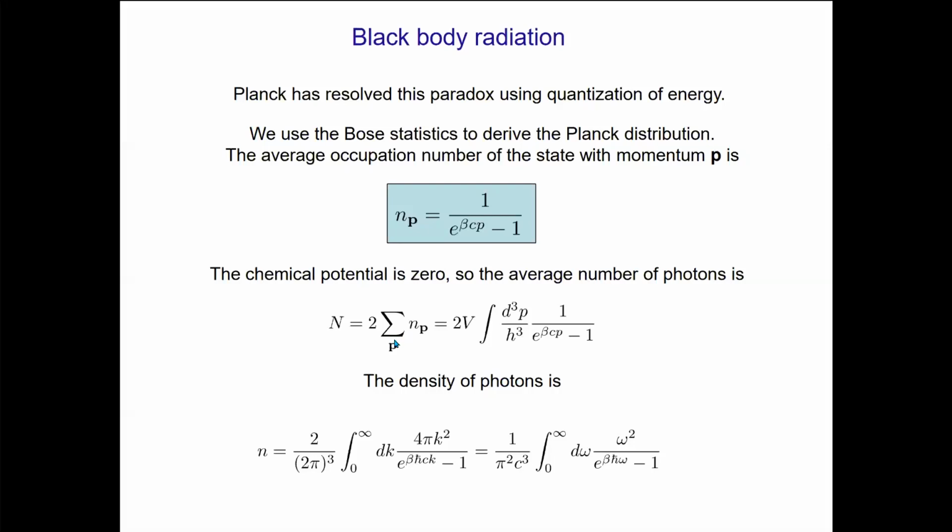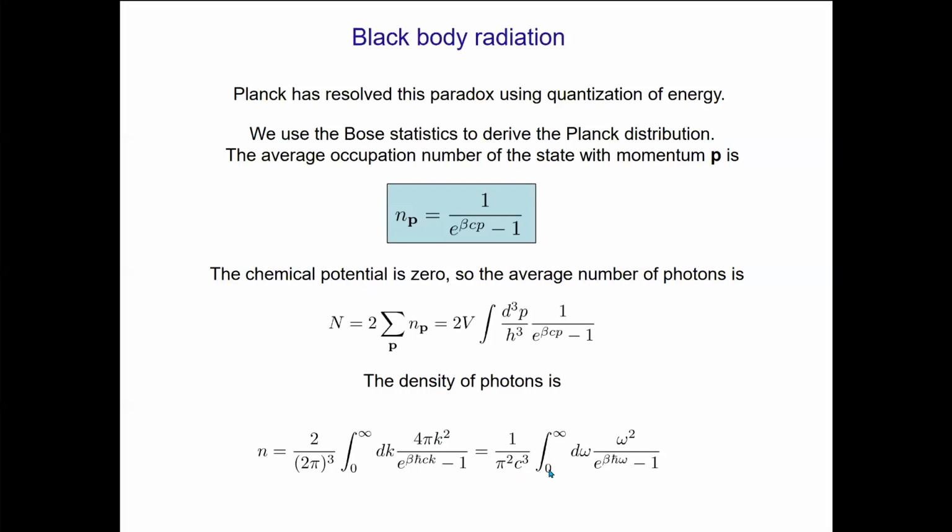Once again we do the trick, going to the integral over momentum space, or changing it to wave space. At the end we get this expression for the density of photons, the number of photons per volume V, given by this integral.